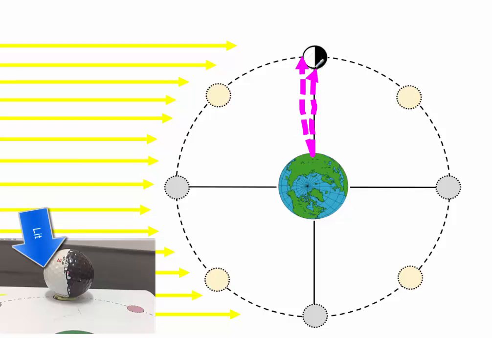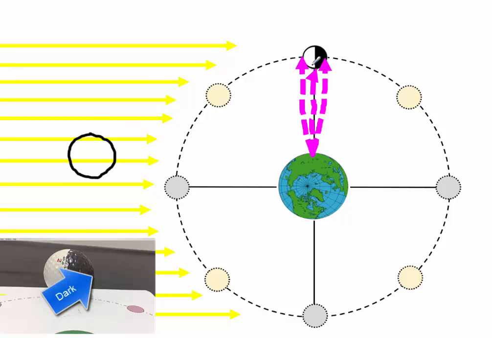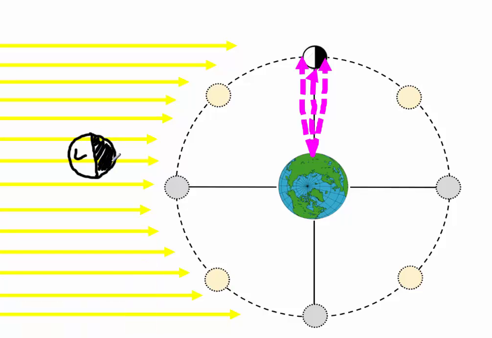The middle line is the line, and the right line is dark. We're going to remember that it looks like light, line, dark. So we know the right side is dark. That makes this a third quarter.